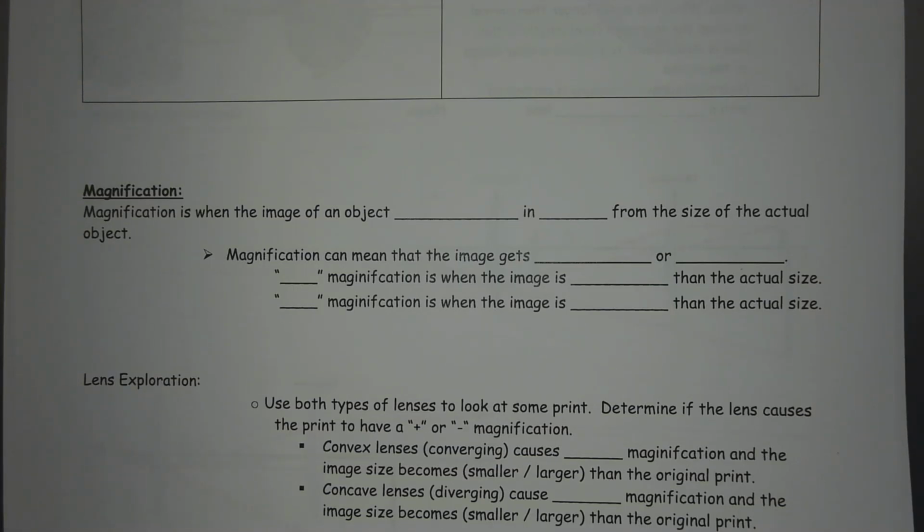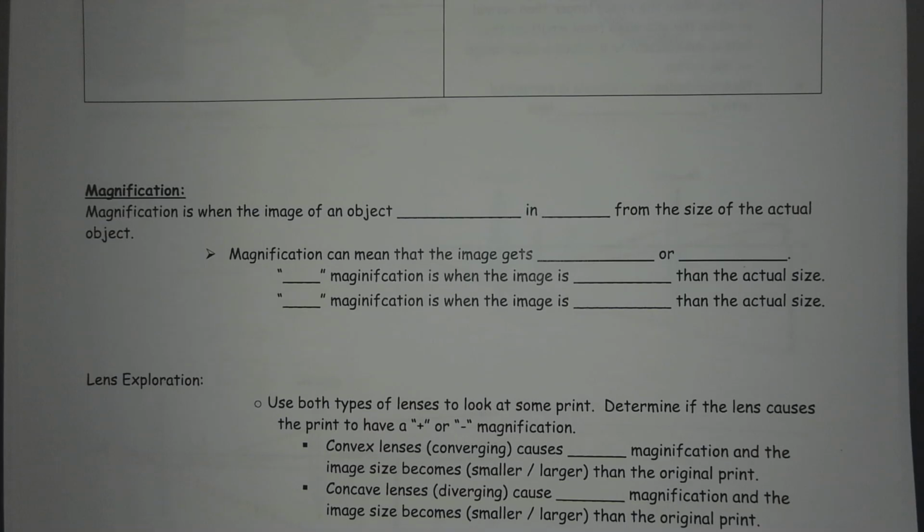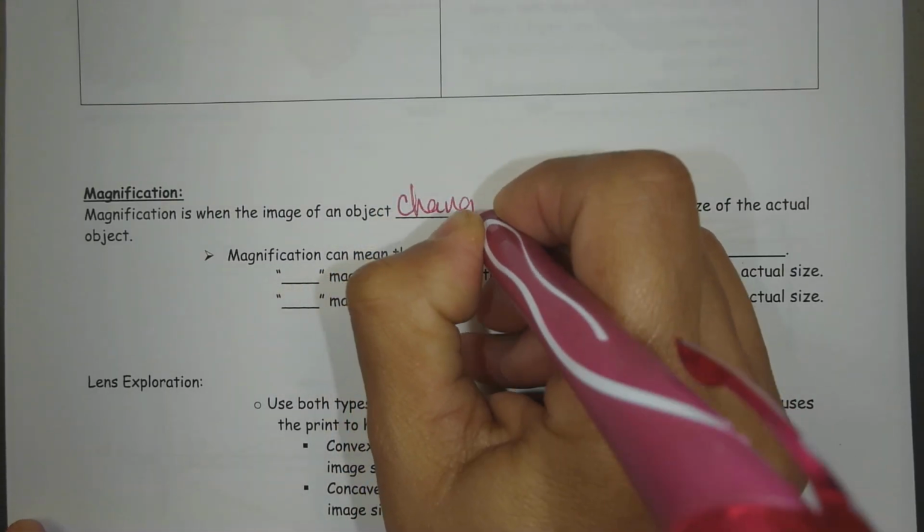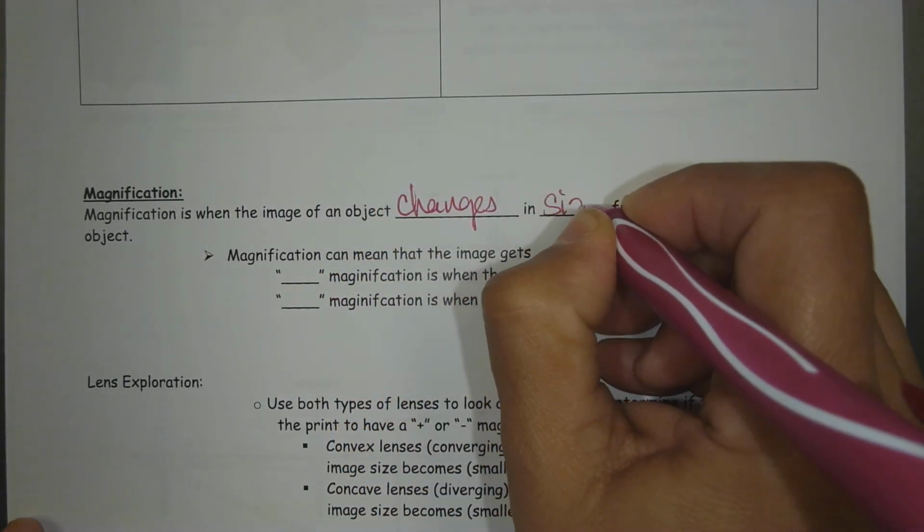Looking at this part of our notes, it says magnification. Don't get me wrong, this is pretty easy because all of us have probably used and played with a magnifying glass. It says here that magnification is when the image of an object changes in size.